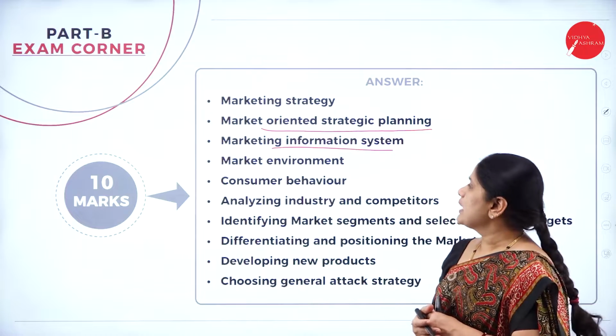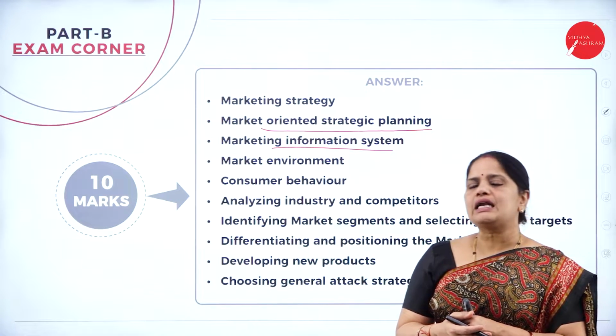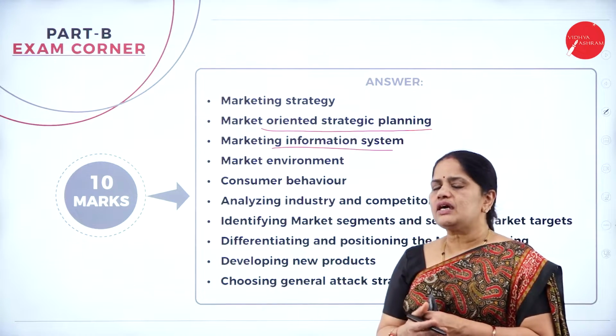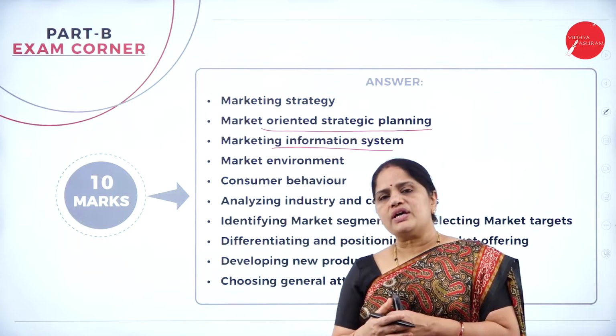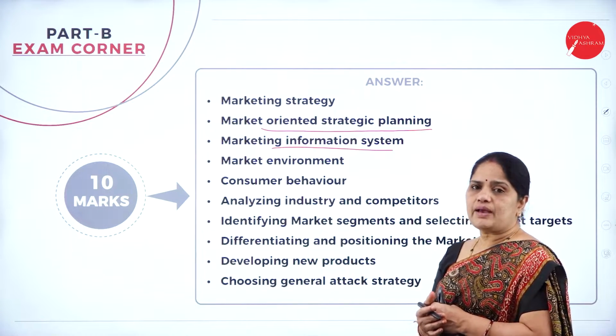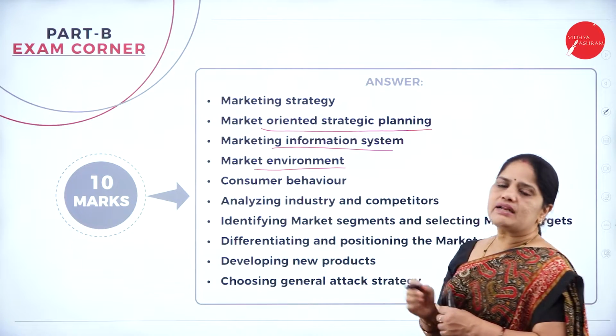So in this marketing information system, it will give us valuable feedback relating to our products from the customers, and based on their feedback, we will be able to develop the next product, or we will be also able to develop the marketing strategy.